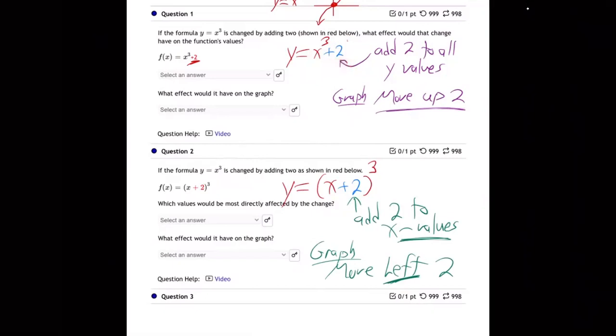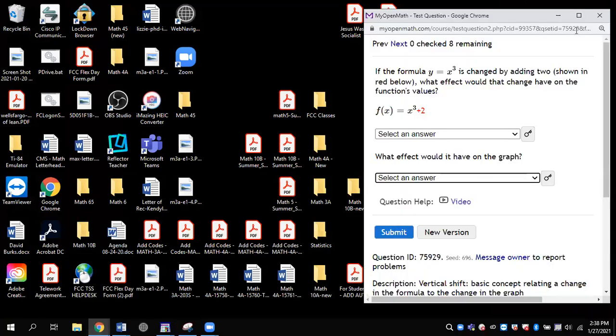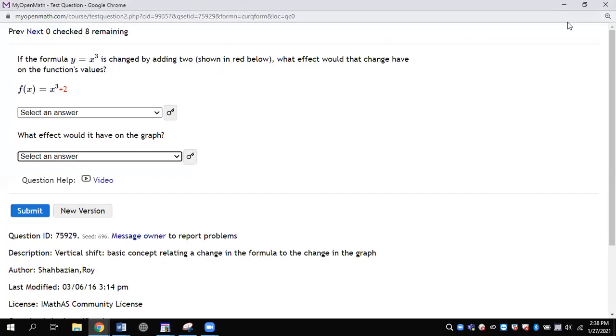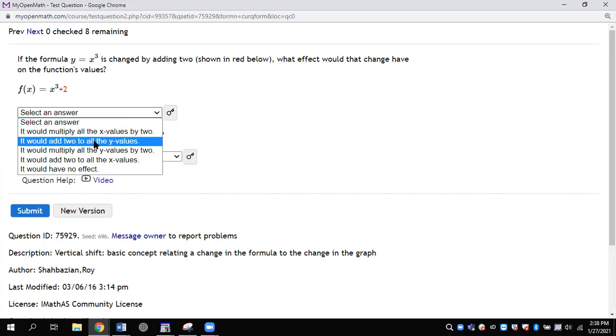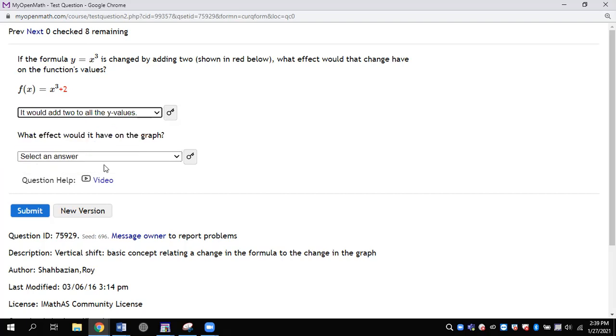That makes a difference. So let me go back and actually do the ones in the homework here and show you what we're looking at. Yeah, and I'll explain why it moves left instead of right. That's a great question. Let me look here at number 1 with you. So this one, like I was saying, is going to add 2 to all the y values, not the x values.